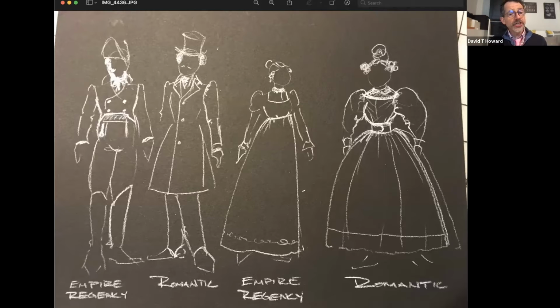Our idea of breeches by this point have almost completely disappeared except for the most formal occasions. And so that trouser really becomes the point. And these trousers are very thin, very skinny, very similar to the trouser silhouette that we expect today in some ways, very, very close to the body.